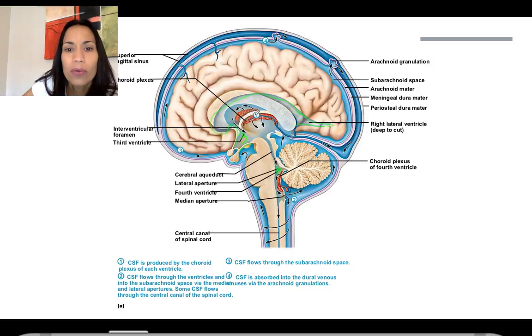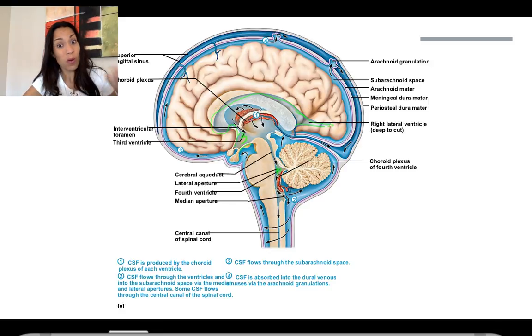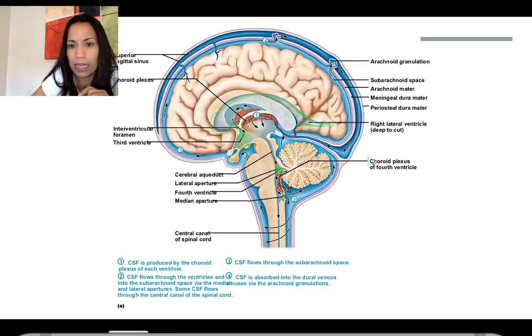Now we start right here in the roof of the diencephalon, the roof of the thalamus. Remember that I told you I want you to remember these. This is the choroid plexus, which is written in here. The choroid plexus is located in the roof of the third ventricle, the roof of the fourth ventricle, but also in the roof of the diencephalon.